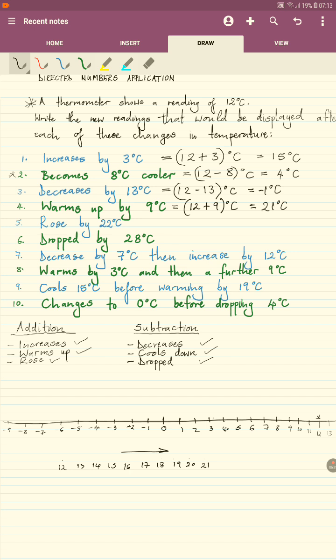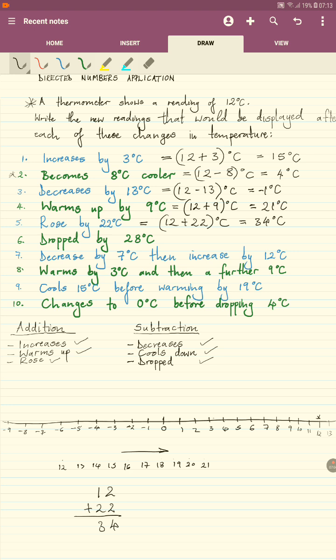degrees Celsius. Next question, it says the temperature rose by 22. So it's just simple. We are adding the 22 to 12. That's 12 plus 22 degrees Celsius, and you get your answer, which is 34 degrees Celsius.